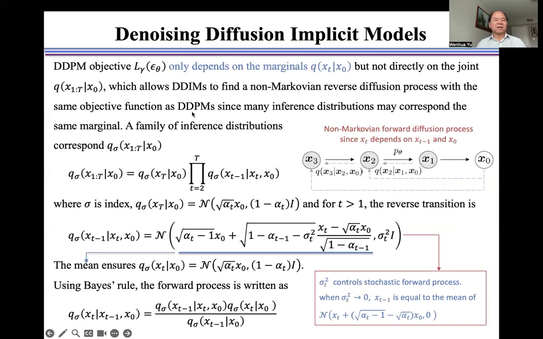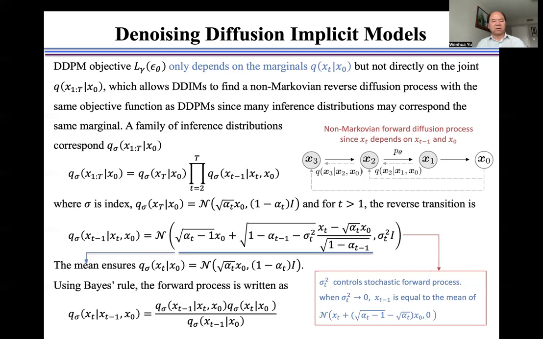DDPM model objective L gamma only depends on the marginals Q, but not directly on the joint Q, which allows DDIM models to find a non-Markov reverse diffusion process with the same objective function as DDPM models, since many inference distributions may correspond to the same marginals.